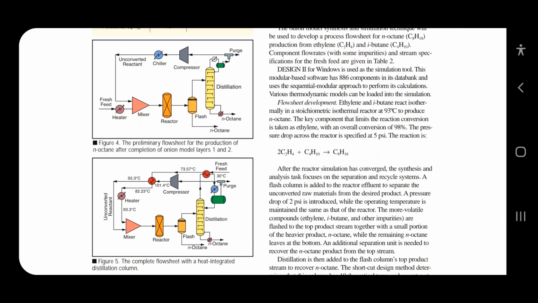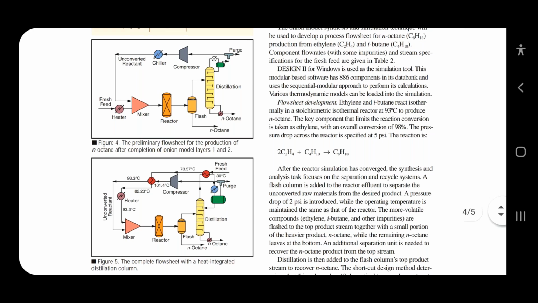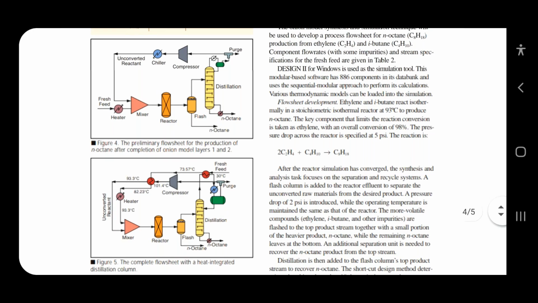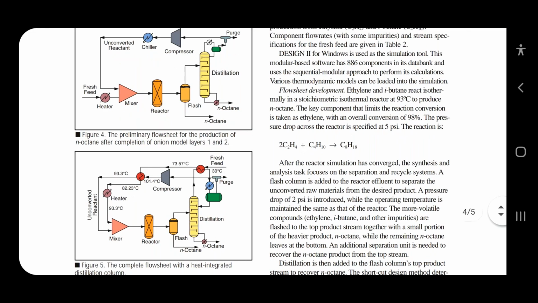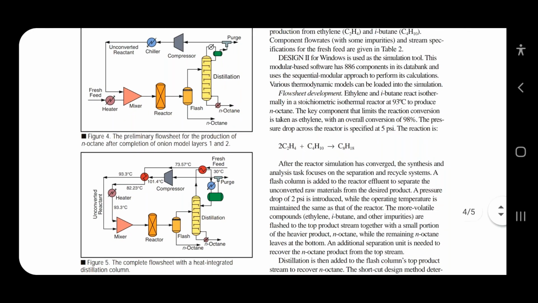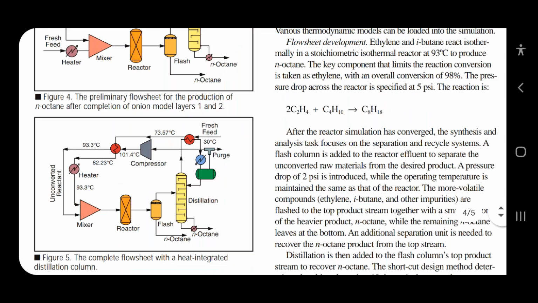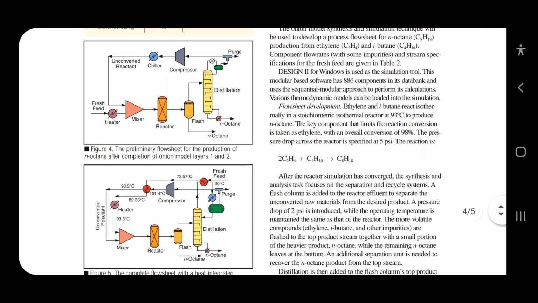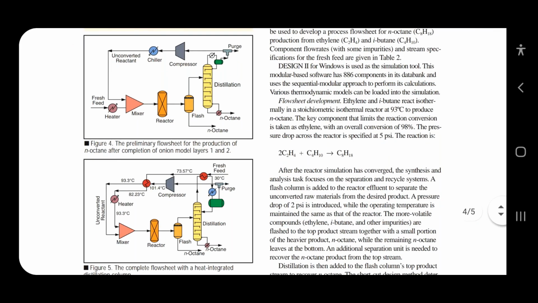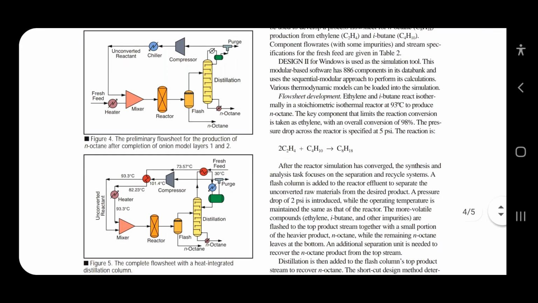So you have to utilize the condenser duty. You may see the distillation column at the top. There is a condenser there. So you have to utilize that heat, and you may use that heat for heating the fresh feed.